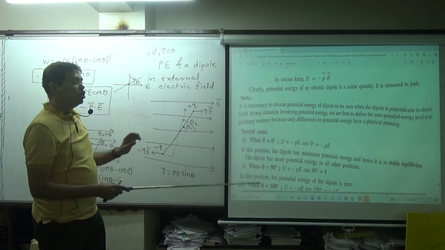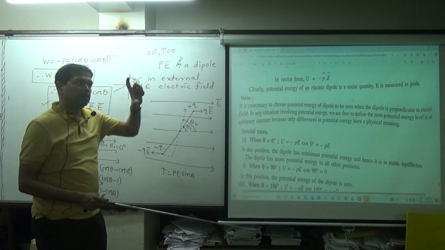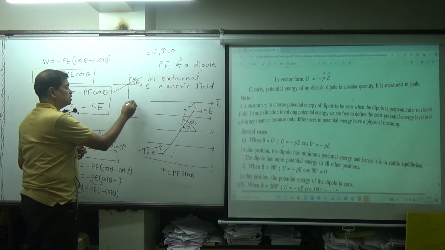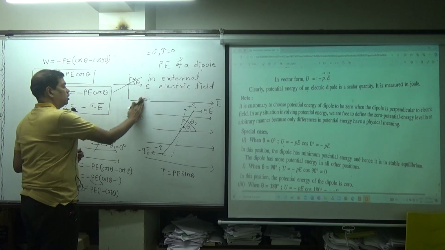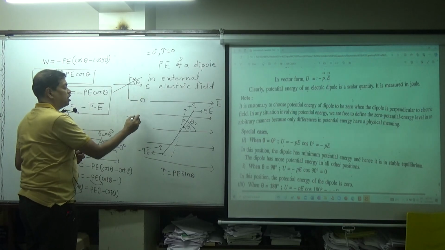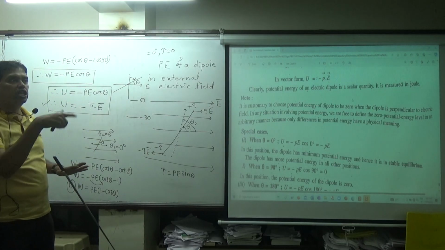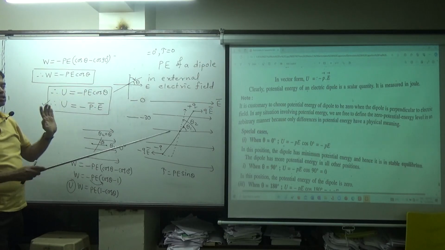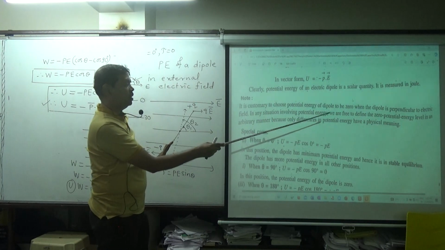Okay, because absolute potential energy does not have meaning, rather difference is the meaning. Difference 30 का है. I can call this as 0, this as 30, or this as 0, this as minus 30. So potential energy absolute does not matter, change matters. तो absolute के लिए 90 का reference 0. So when theta is 90, वहाँ से theta तक लिखा है.